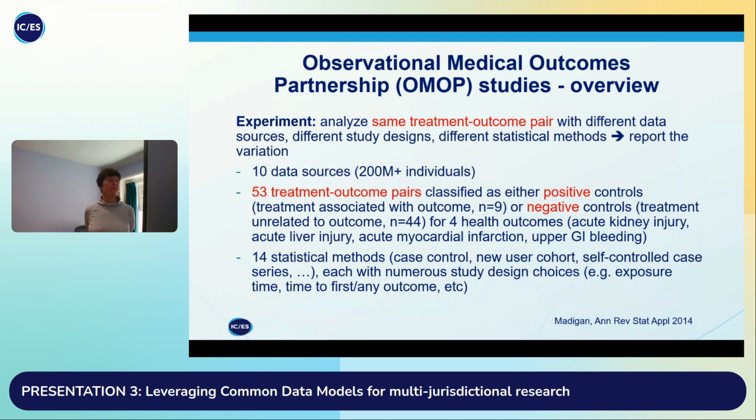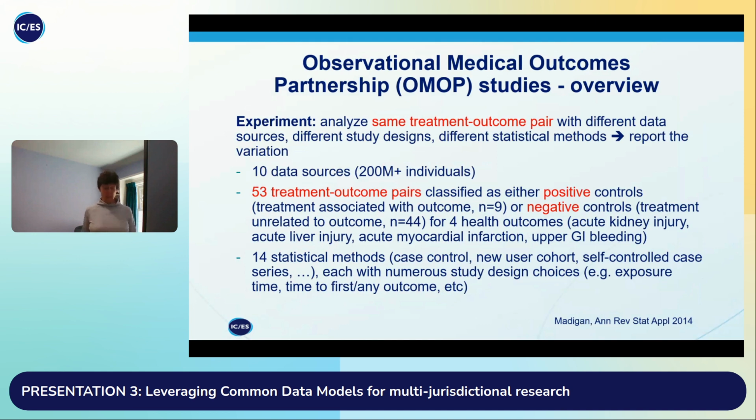Some treatment-outcome pairs were classified as positive controls. In other words, the treatment was associated with the outcome. Some were negative controls: the treatment was known to be unrelated to the outcome. They looked at these 10 different data sources and analyzed them with 14 different statistical methods: case control, prospective, retrospective, self-controlled, and numerous hundreds of different study designs.